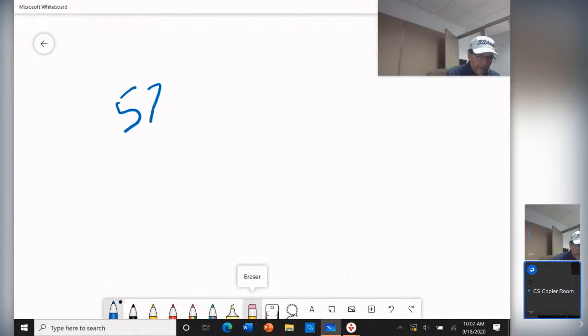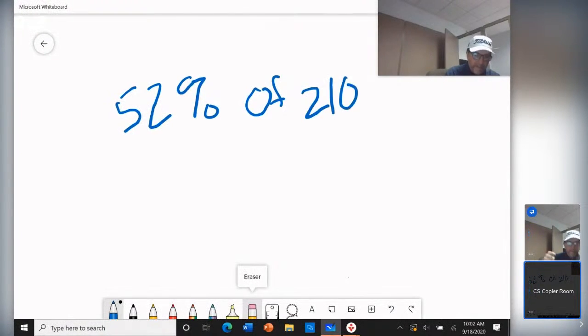Okay, this one is 52% of 210. Okay, so one thing I want to show you with this, right off the bat, just so you get an idea, so you know you're in the ballpark, 52%, that's about half. That's about 50%. So half of 210, it's going to be right around 105.